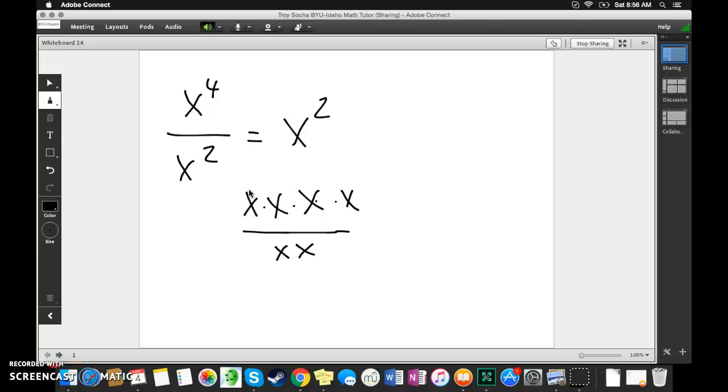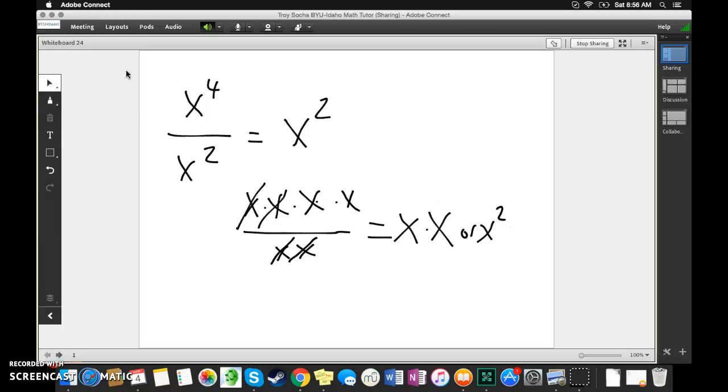And that means that we can cancel out 2 x's because there's 2 x's on the bottom, 2 x's on top. It is a fraction, which means we're dividing. So 4 x's, we can take 2 x's out of that, and we're left with just x times x, or x squared.